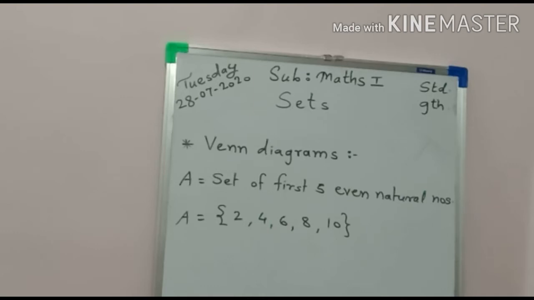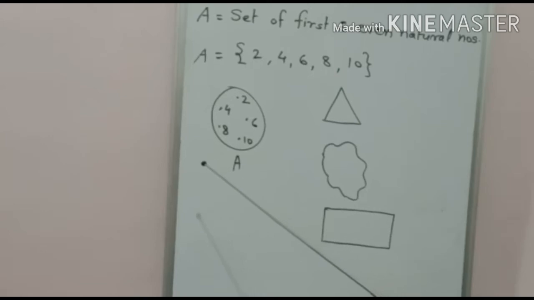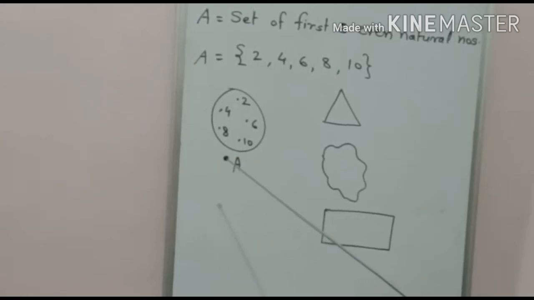and those closed figures are, you can draw a circle or oval shape and write these elements 2, 4, 6, 8, 10, which are the elements of set A, and write down the name of the set below that figure. Or you may use a triangle shape, any shape, or you can use a rectangular shape to represent Venn diagrams.